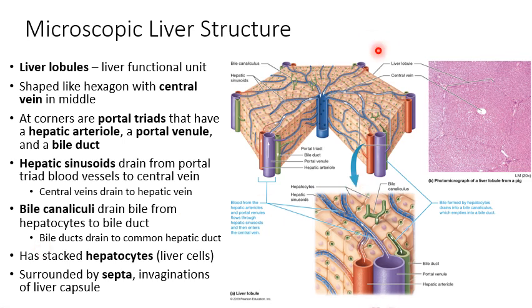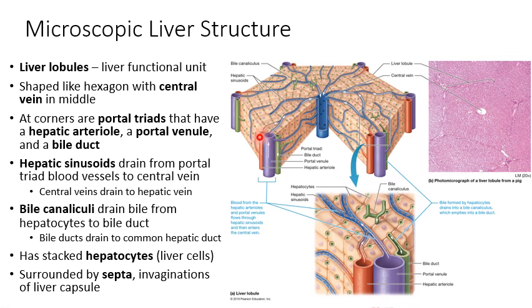So in this diagram, you can see the structure of a basic liver lobule, where it's shaped like a hexagon. It's composed of these stacked hepatocytes or liver cells. In the middle of it you have the central vein, and at each corner you have a portal triad. The portal triad has a hepatic arteriole, hepatic portal venule, and a bile duct.